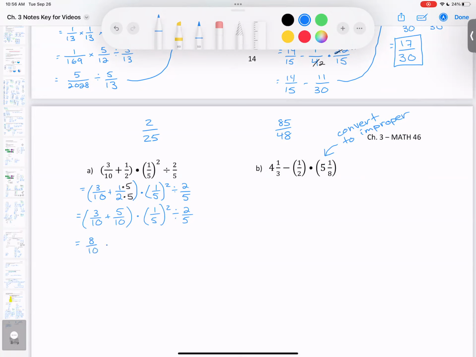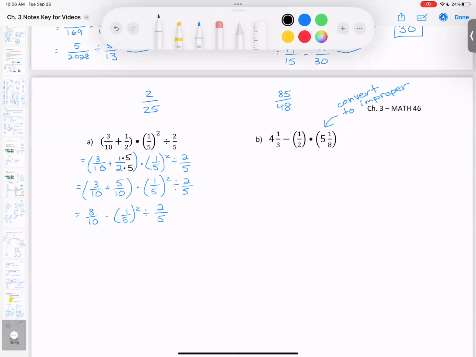And then we've got times 1/5 squared divided by 2/5. And 8/10 I can reduce down because I could divide both of those by 2. So let's just do that to keep our numbers smaller. You'll actually get the same answer either way, but I always like to simplify wherever I can.